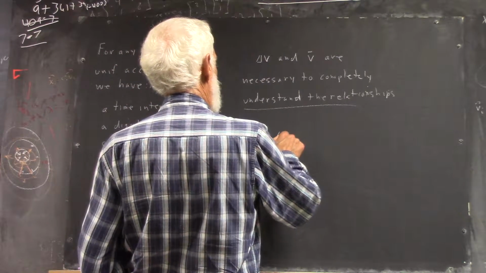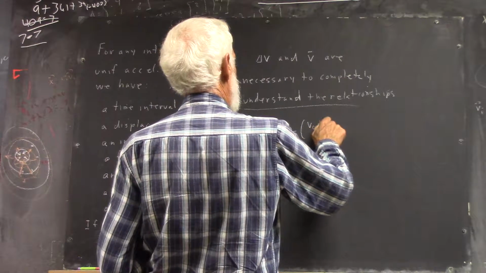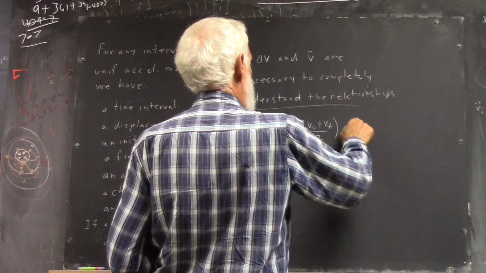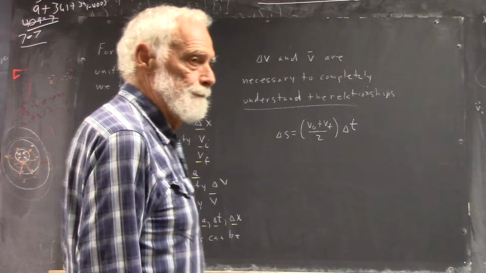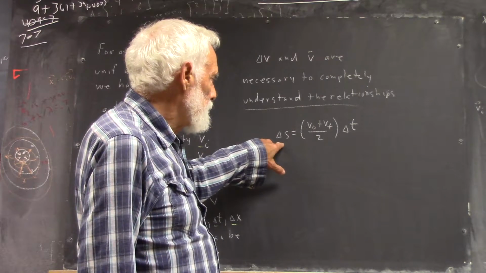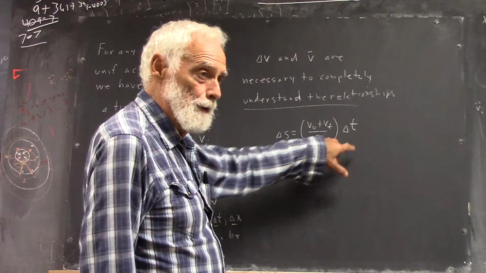So, okay, this says that your displacement is the average of your initial and final velocity times the time interval.